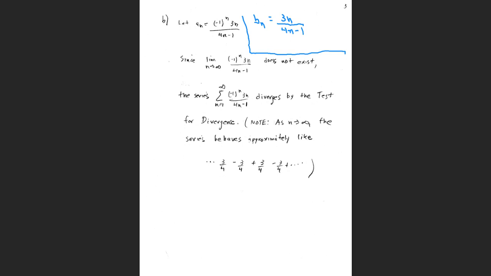For the alternating series test, what's the limit as n approaches infinity of b sub n? Three-fourths, which is not equal to 0. So therefore, by the alternating series test, I want to be a little careful. Yeah, it's not going to work. Yeah, it'll diverge. So you could use the alternating series test.